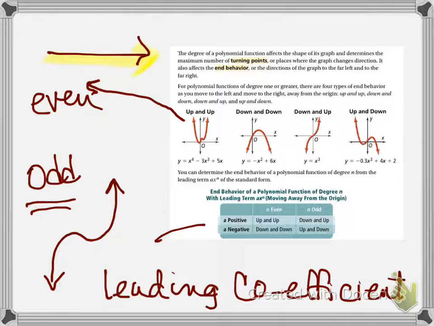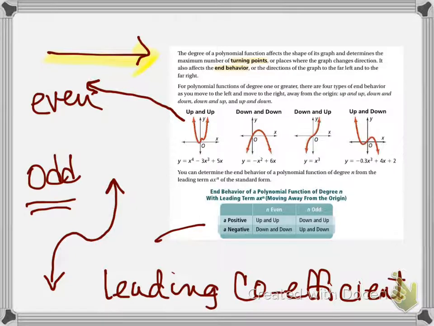Okay? If you have an even number polynomial and it is positive, you will enter the graph and exit from the same direction, and so we say that it rises up and up, because to the left it goes up and to the right it goes up. If it is an even polynomial and it is negative, the leading coefficient is negative, then we say it goes down and down.